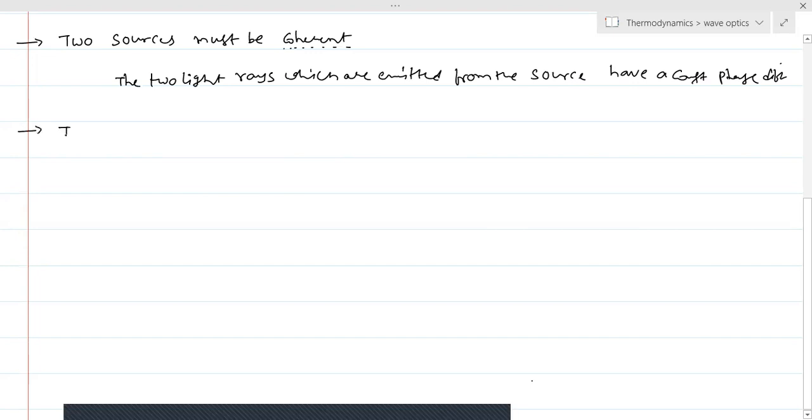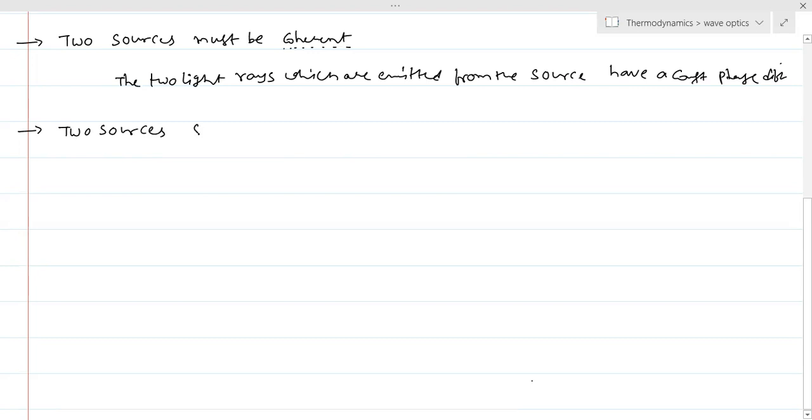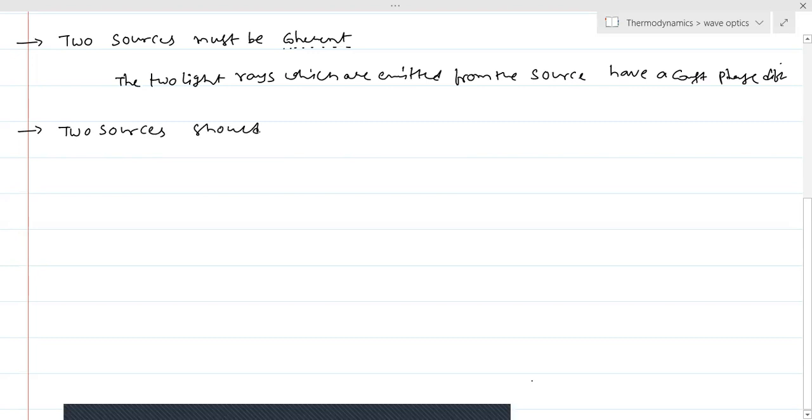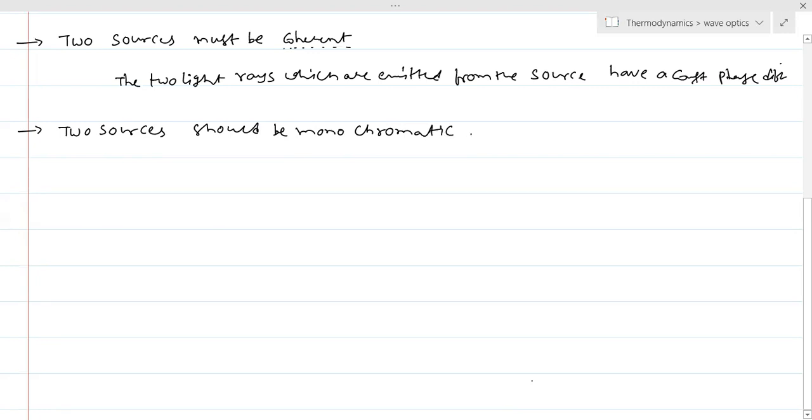the two sources should be monochromatic. Analyze this term, monochromatic. Monochrome means single color, so monochromatic means single wavelength.